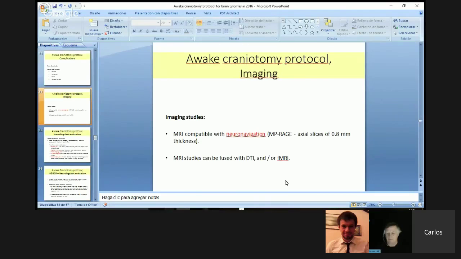So we need some radiological images before initiating this kind of surgery. They make studies like an MRI compatible with neuronavigation.